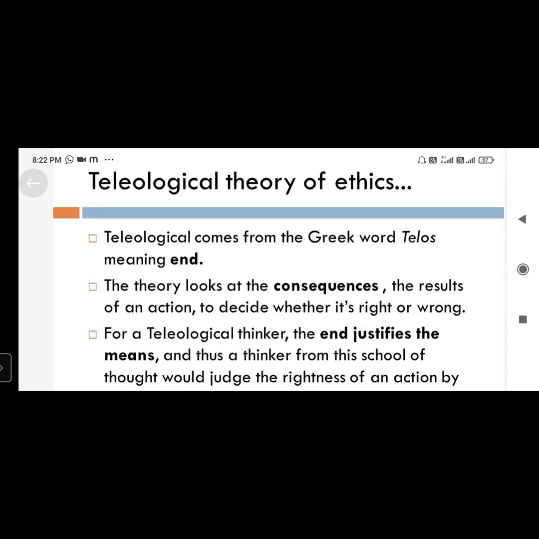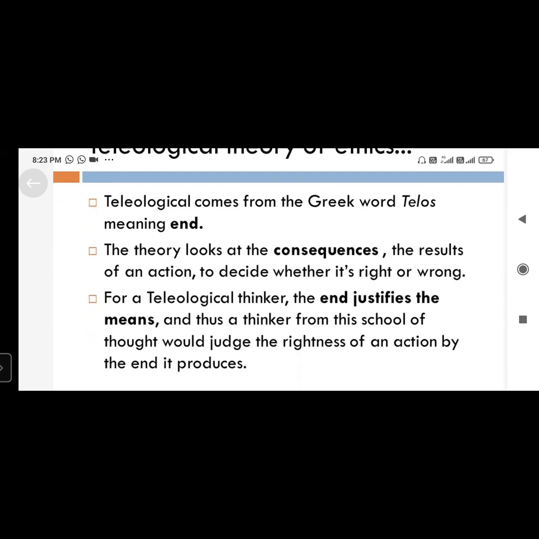The meaning of teleological comes from the Greek word telos, meaning an end. So there is a Greek word telos from which the word teleological is taken, and the meaning of this word is end. The theory looks at the consequences, the results of an action to decide whether it is right or wrong.